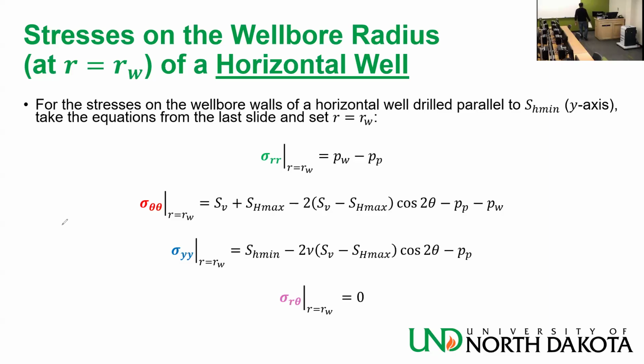It's called debonding. It's a very common problem faced with cement jobs. They are detached from the casing and the wellbore, and they create what we call microannulus, and that is caused by the radial stress.